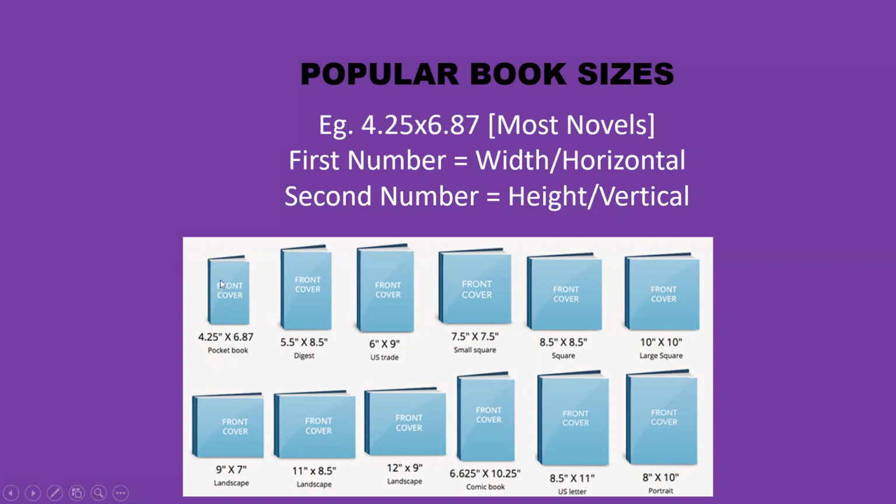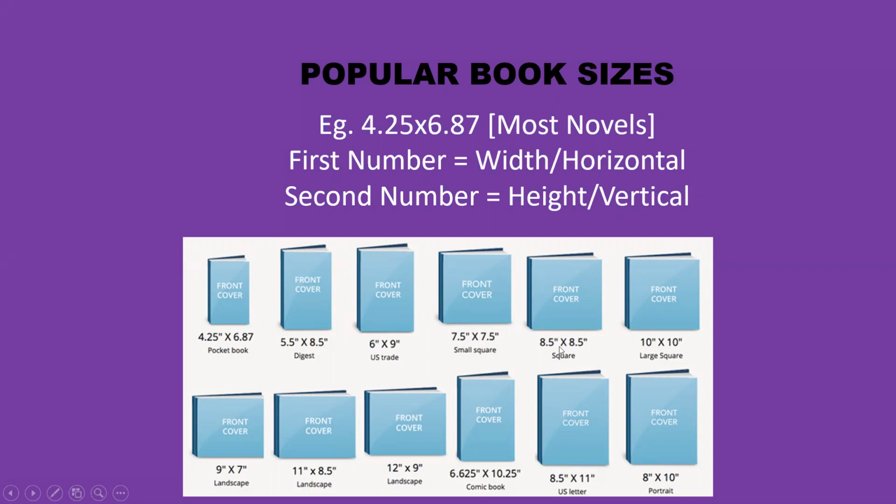Smaller books, in terms of the word count, has a lot to do with what size you use. So if your word count is 10,000 or less, the pocket size book would be the best choice. And that is if it's not a workbook, because workbooks very often use 6 by 9, or you could even use 7.5 by 7.5.